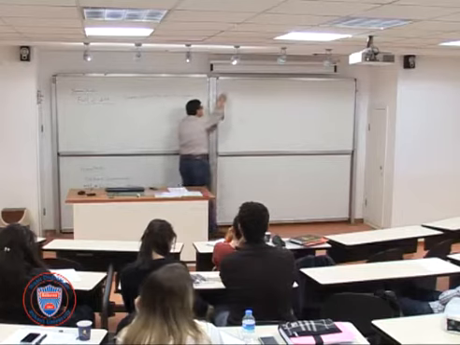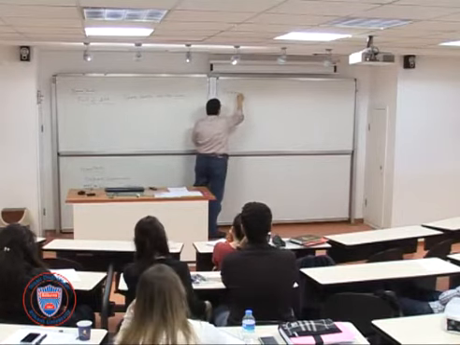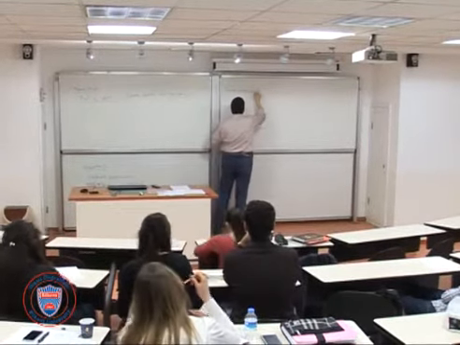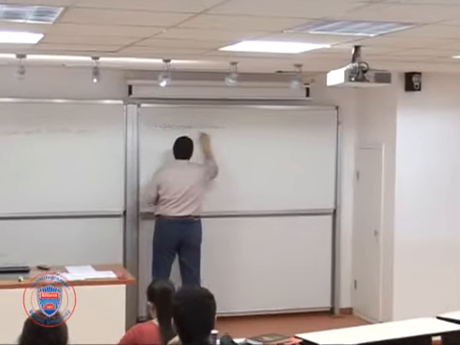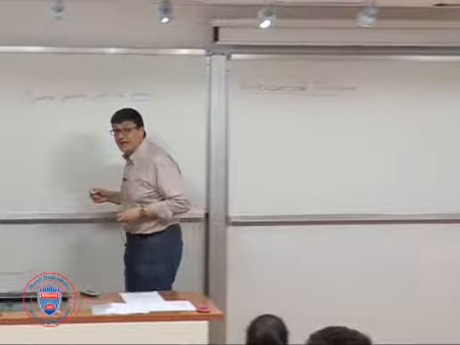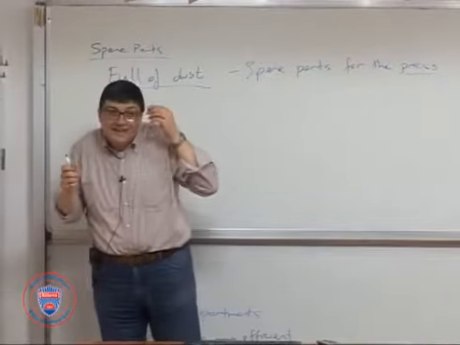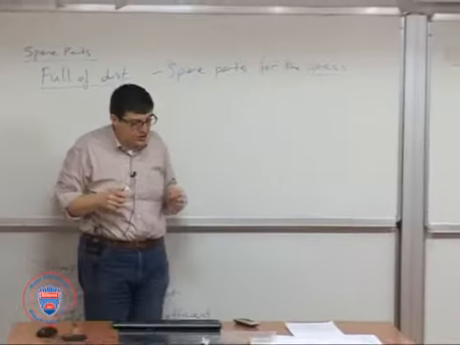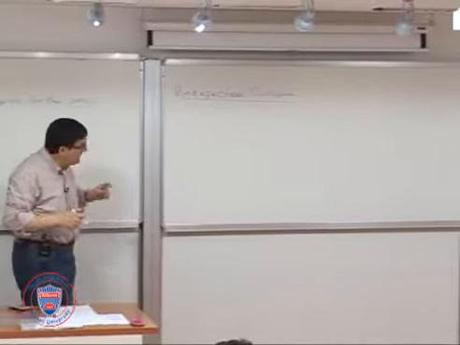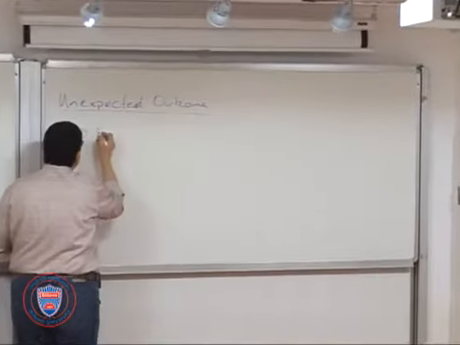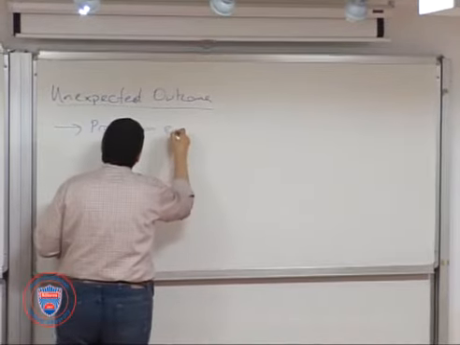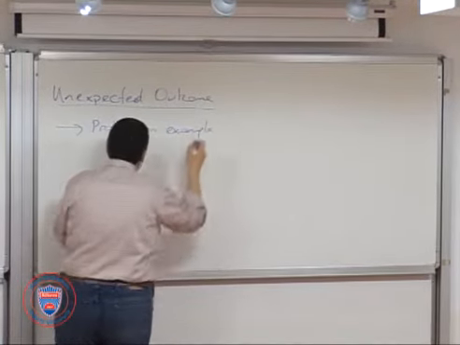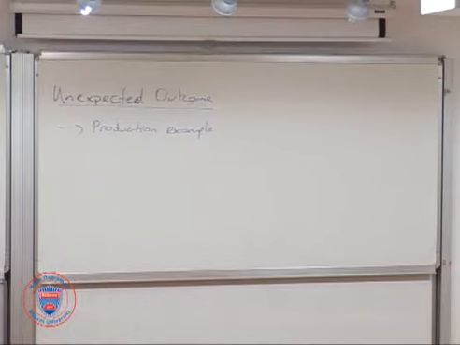I'm going to call this the unexpected outcome. But an unexpected outcome might be the correct outcome, even if we cannot give a straightforward logic to it in the first place. Now, I'm going to consider a simple production example. Very simple. And I'm going to give the data of the problem.